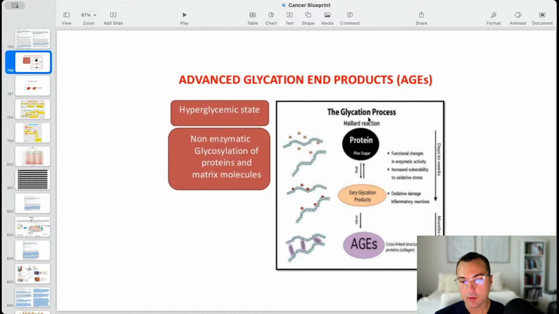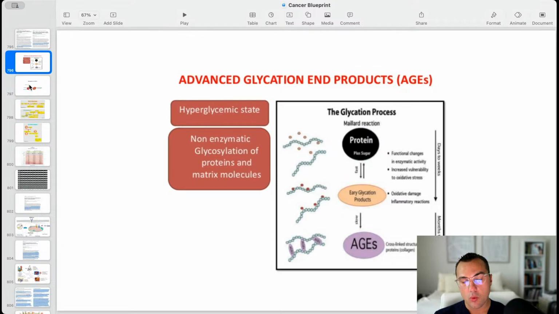Excess sugar molecules, through non-enzymatic processes, basically not requiring any special protein machinery, attach themselves to various molecules in your blood vessels. Those could be proteins, carbohydrates, or lipids, and that process is called glycation. Glycation damages those proteins from working correctly, so it causes dysfunction in and of itself.